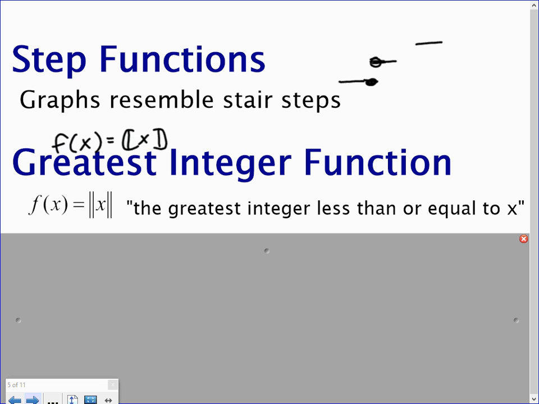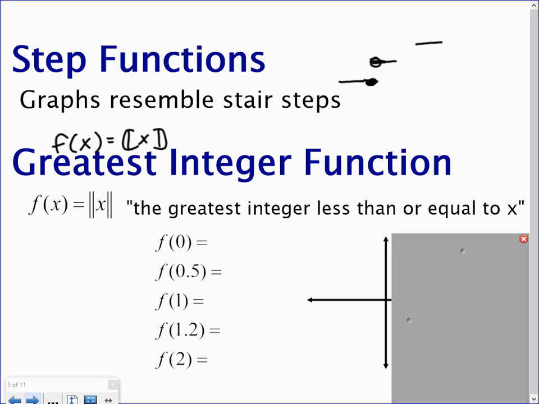Yeah. Anything without any decimal or fraction piece to it, that's going to be an integer. I call integers unofficially nice numbers. You know, when you ask your math teachers, will my answer come out to a nice number, you mean an integer. Okay, something without a decimal or a fraction. So we're selecting only integers when we use the greatest integer function.